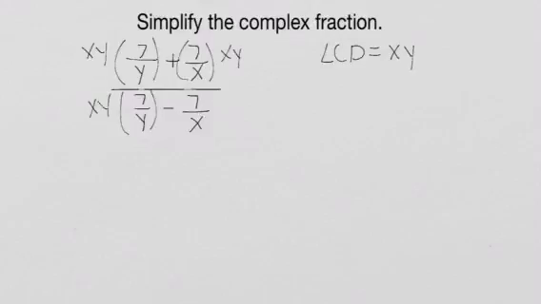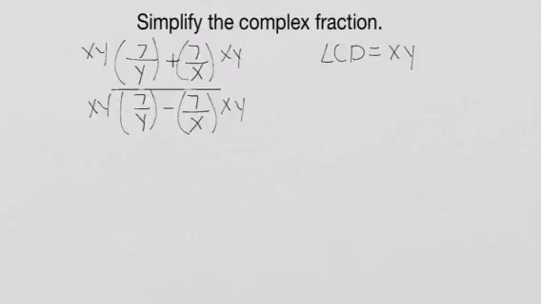Alright, again, I notice I have a complex fraction in my numerator and a complex fraction in my denominator, so the LCD method. My LCD in this case is x times y. We're going to take each term and multiply it by this x times y. Make sure we do it to each term.